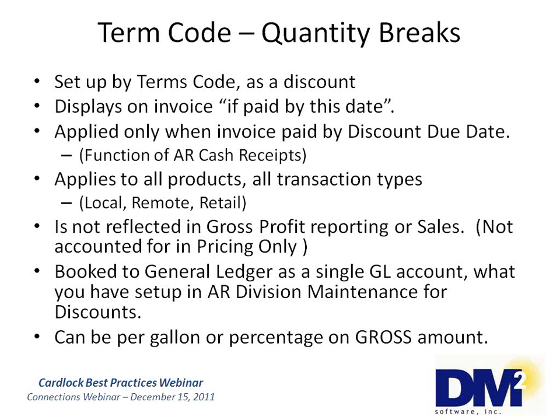Now, Cardlock doesn't have a clue when this invoice is paid. So what this tells us is that this is actually becoming a function of AR cash receipts. That discount doesn't have anything really to do with Cardlock. It's got to do with accounts receivable. So it applies to all products and all transaction types, because all it knows is I have an invoice, and if I pay it on time, I can take this much discount.